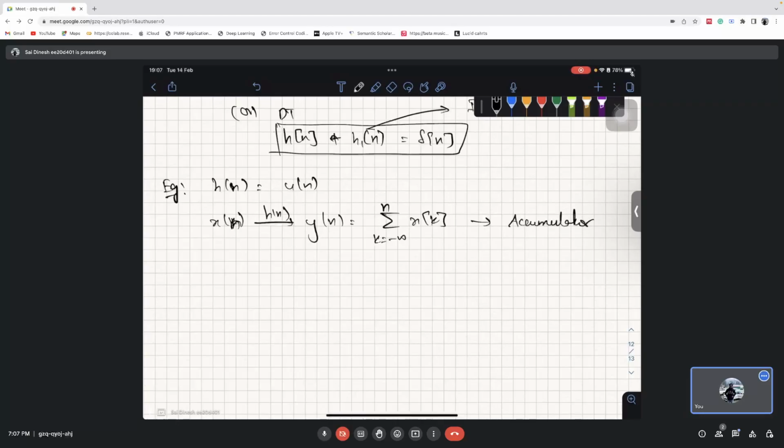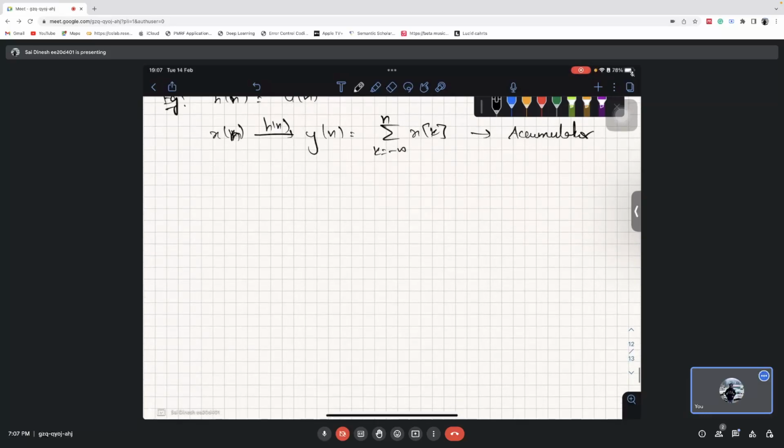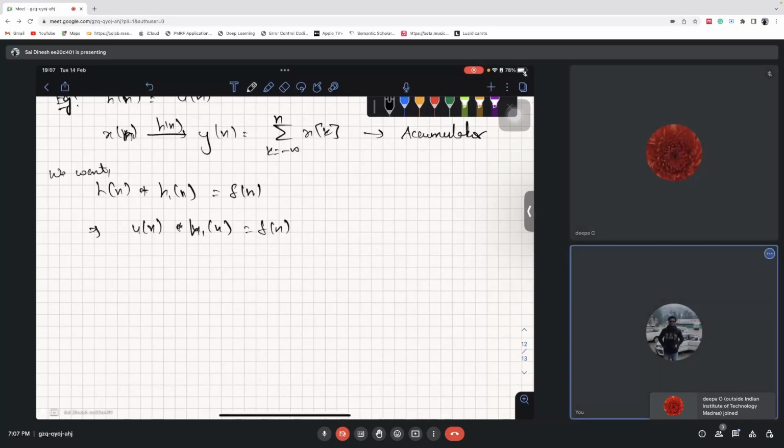So this is an accumulator function. What we want is h of n convolved with h1 of n should give delta of n, which implies u of n convolved with h1 of n should give delta of n.